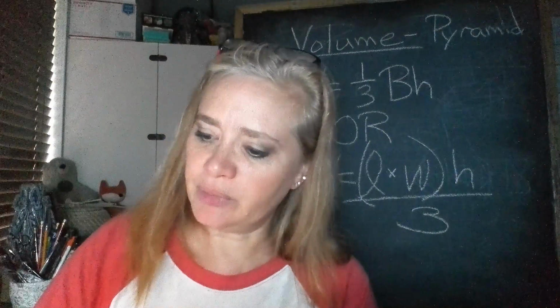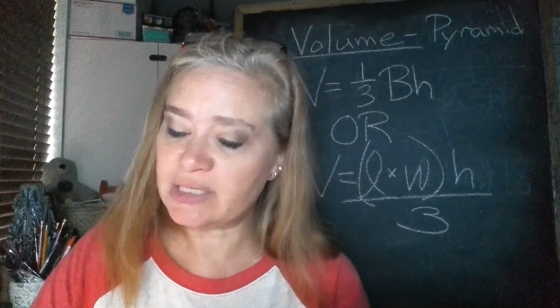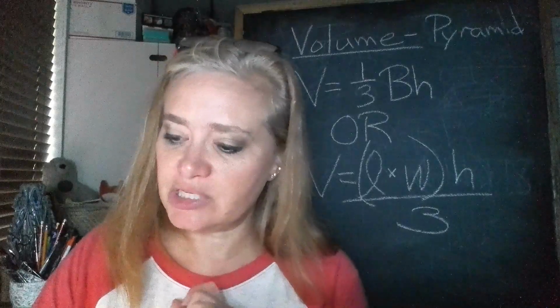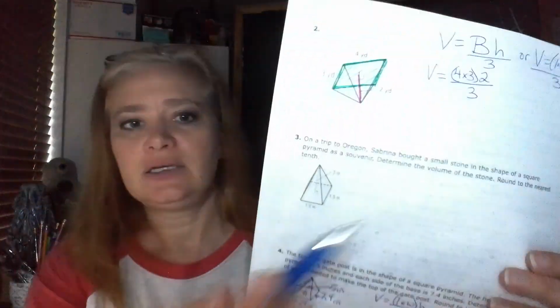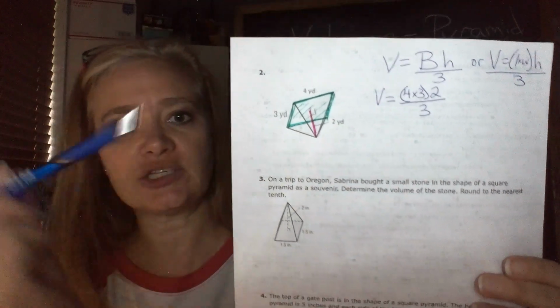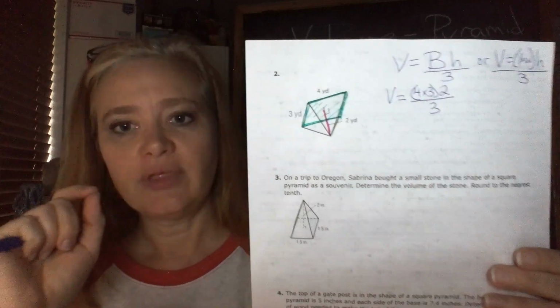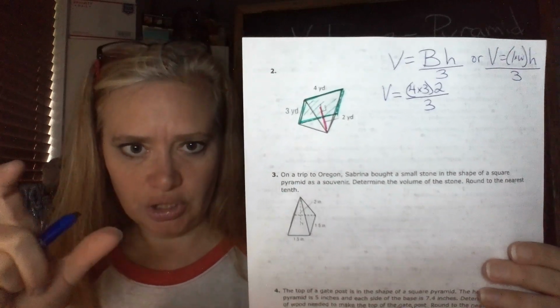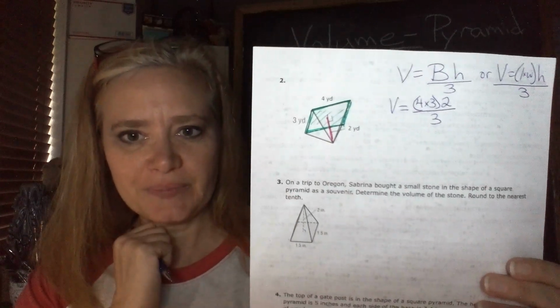So let's plug that into our formula. I'm going to put parentheses around the 4 times 3 because that was just the information on my square, times 2, which we said was the height. And then remember, because a square pyramid is 1/3 the volume of an actual cube, you divide your entire answer by 3.